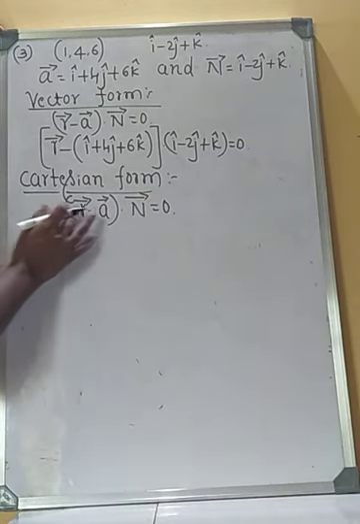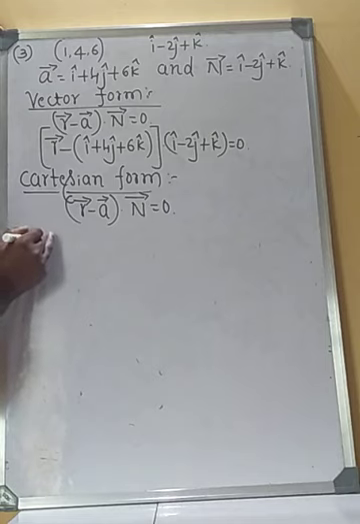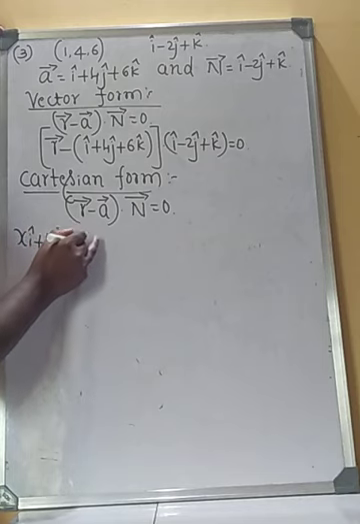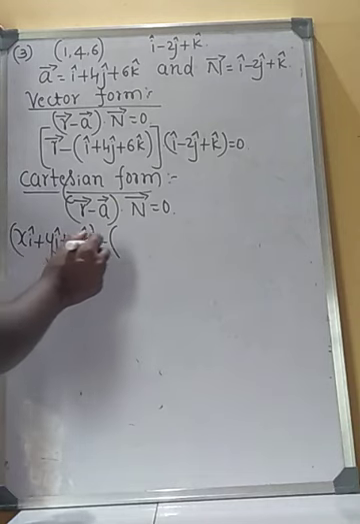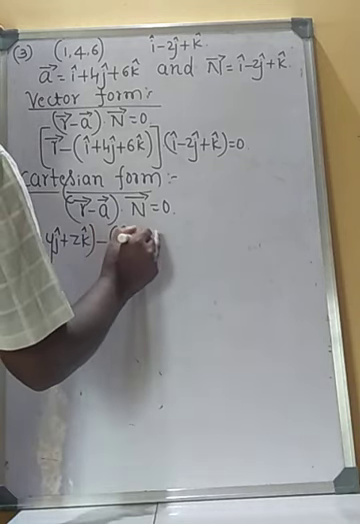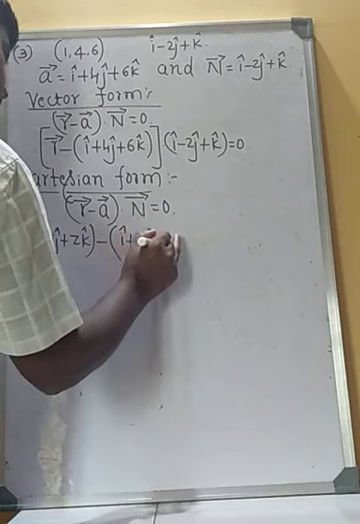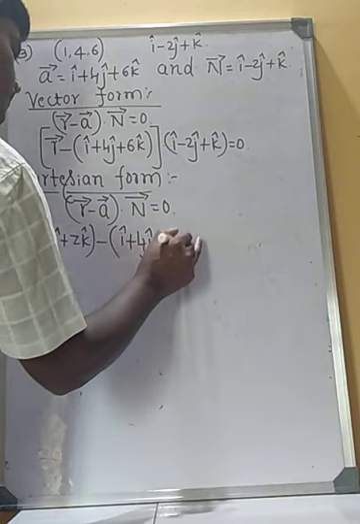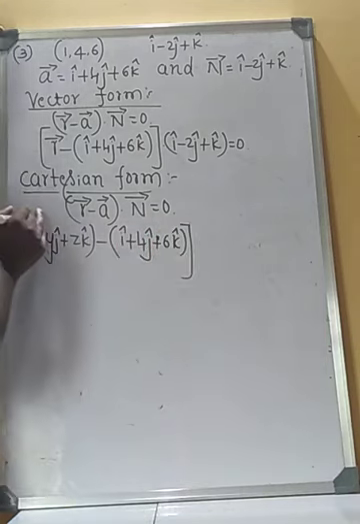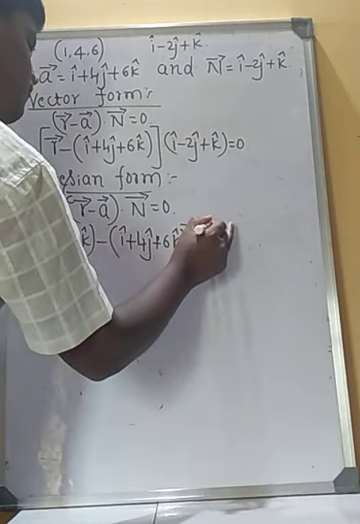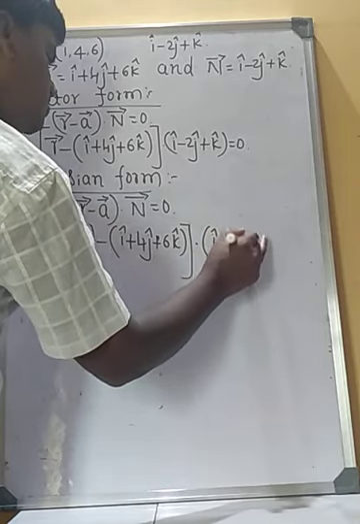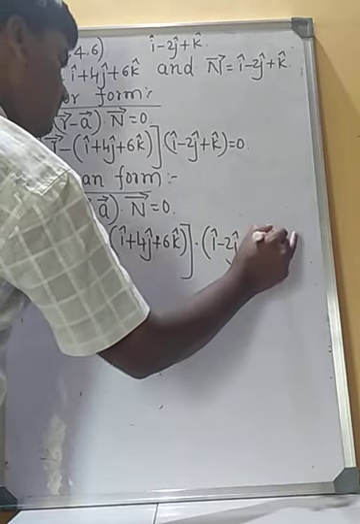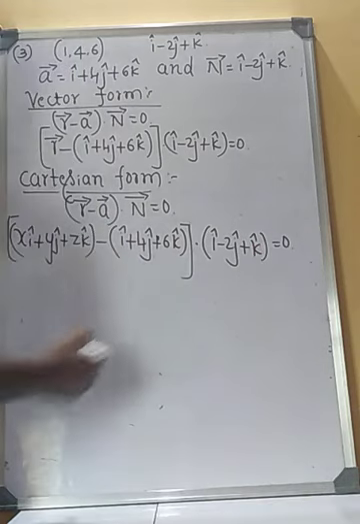Here in Cartesian form, vector r is xi plus yj plus zk, minus vector a is i plus 4j plus 6k, dot n vector is i minus 2j plus k equal to 0.